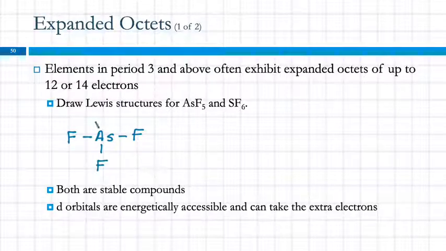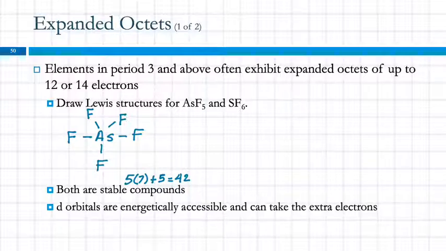And so you just kind of have to get a little bit creative and squish them in there. And then for electrons, we've got 5 times 7 is what, 35, and then arsenic has 5. So 42?